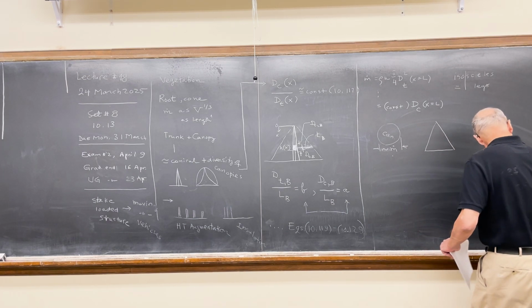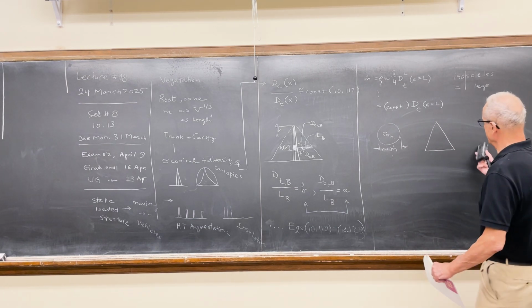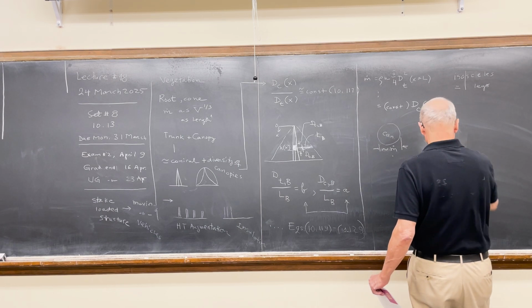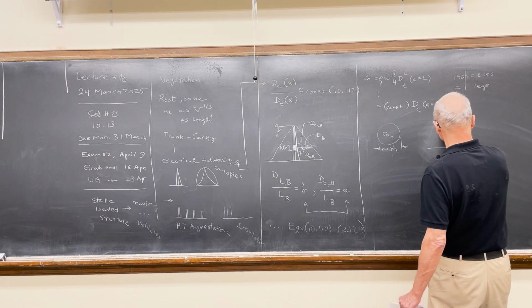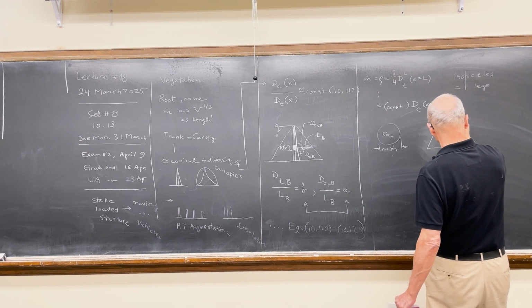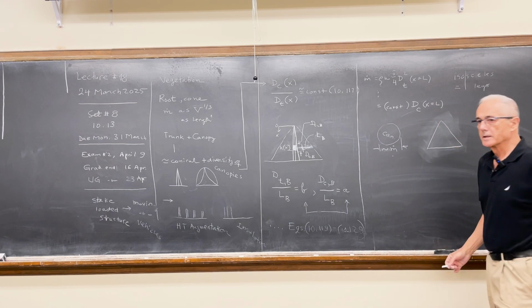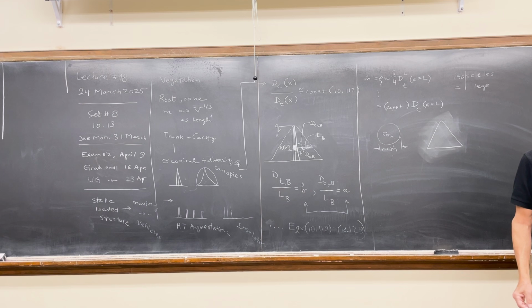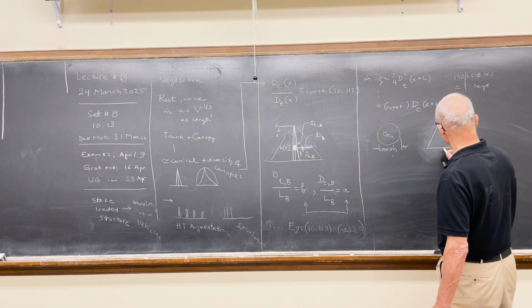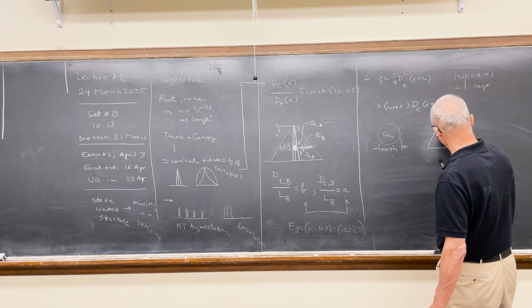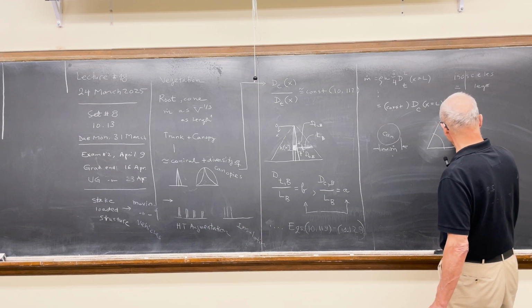In fact, let me do this even better. Okay, so let's put a big tree. The biggest tree would be one that has a third of it here, another third of it here, and the other third here.